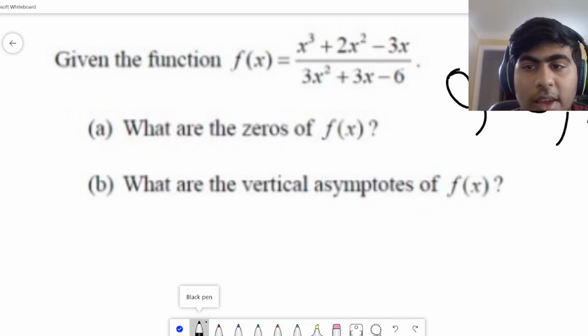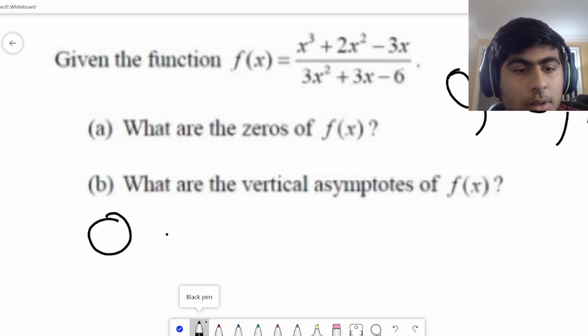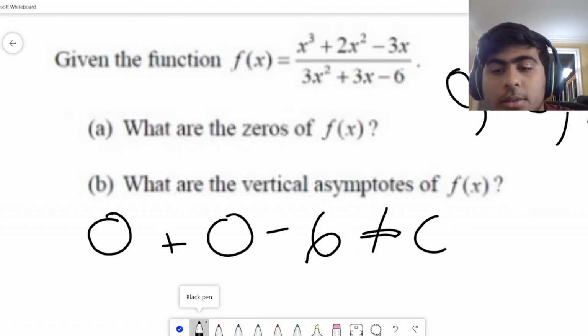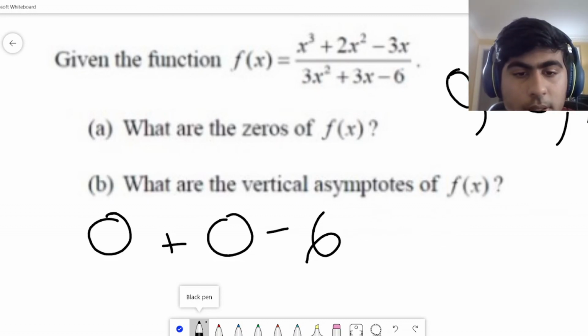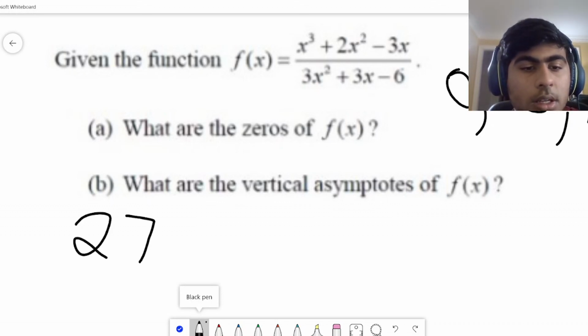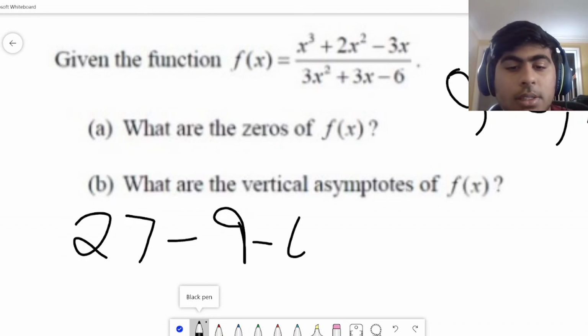So looking at that, let's see if any of these three, 0, -3, or 1, if we plug that in there, we get 0. Well, if we plug 0 in there, we just get 0 plus 0 minus 6. That is not 0. We're good. If we plug in -3, we get -3 squared, 9, times 3, 27, plus 3x, but that's -9, minus 6.